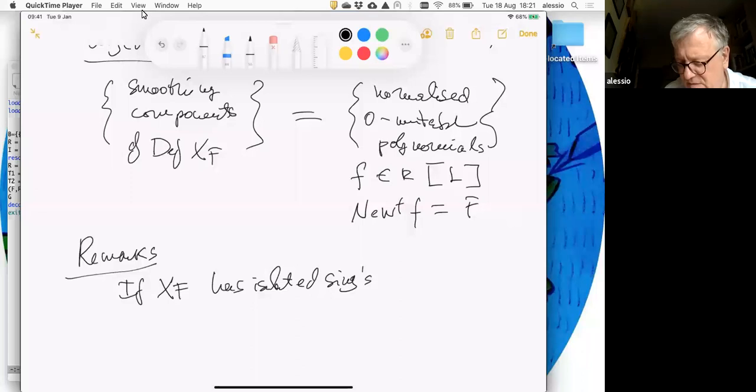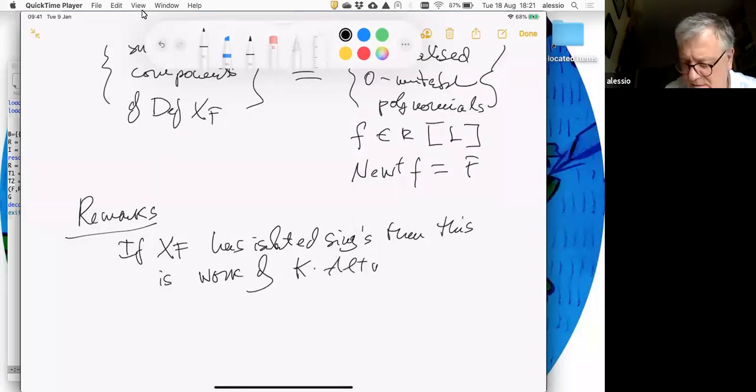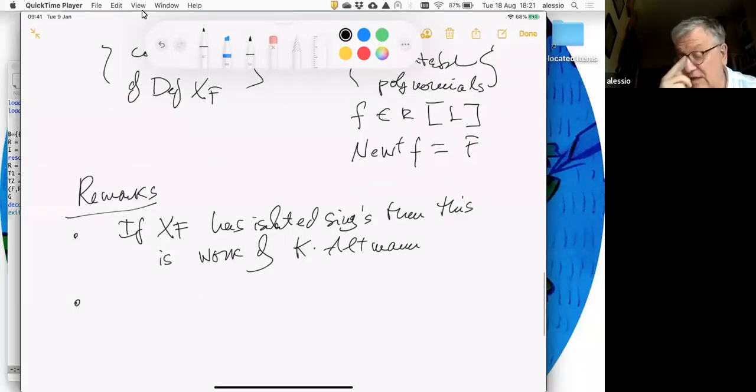This is the work of Klaus Altmann. So it's very important that we allow non-isolated singularities, and the situation is very different there from the isolated singularity case.